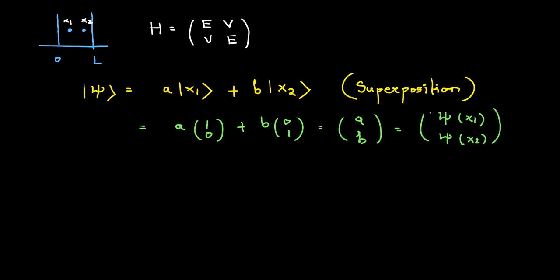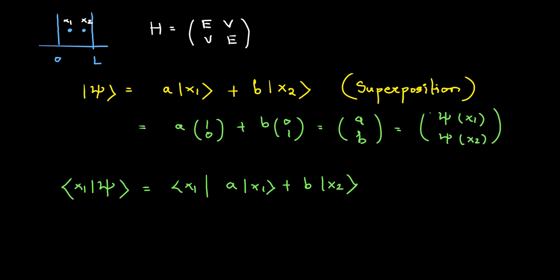Like if you want to find the probability of finding the particle at position x1, how do we do this? Consider, given a quantum particle in state psi, what is the probability that I can find it in the state x1, which means that the particle is at x1. Then I do a very interesting mathematics, again the same inner product, that looks like this. So this is a x1 and this is b x2, and this maths is quite simple.